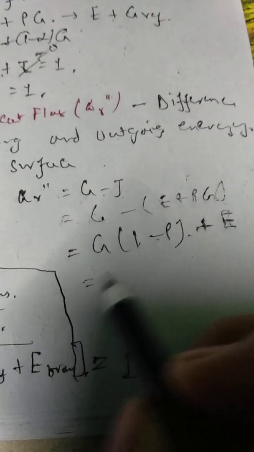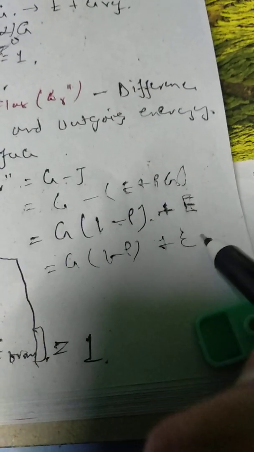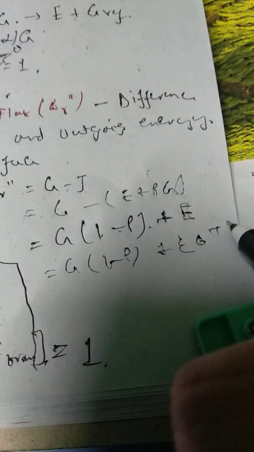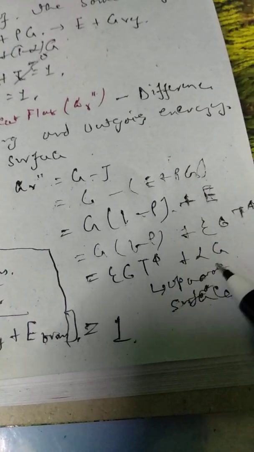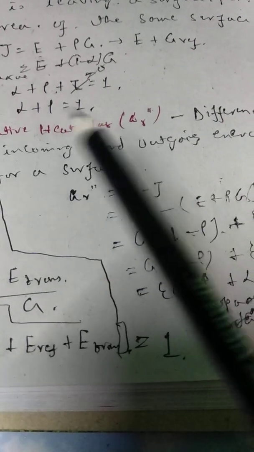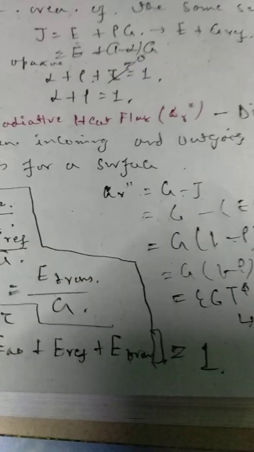So you can also write this as epsilon sigma T to the power 4 plus alpha into G, since 1 minus rho is equal to alpha. This is only true for opaque surfaces. So this is the expression for the radiative heat flux.